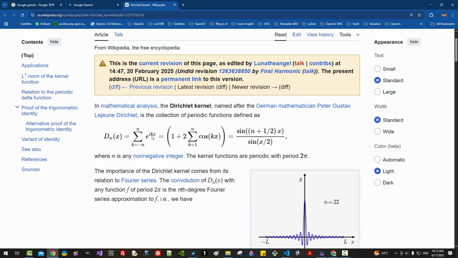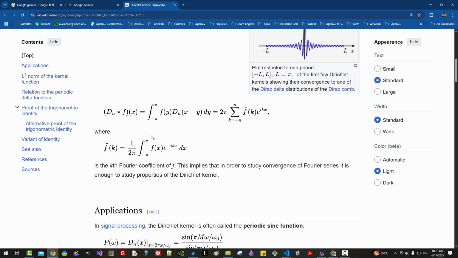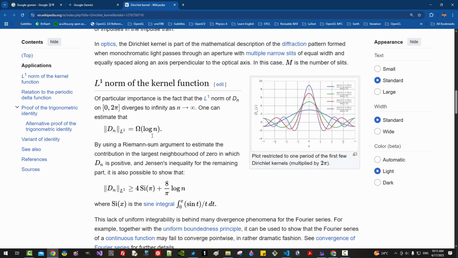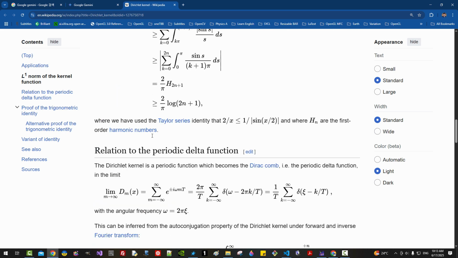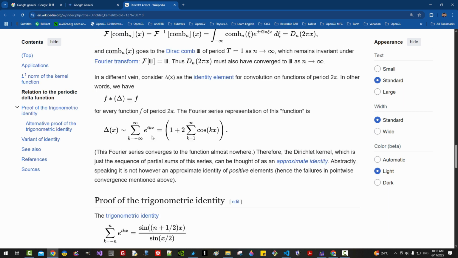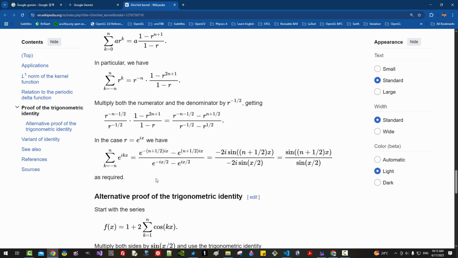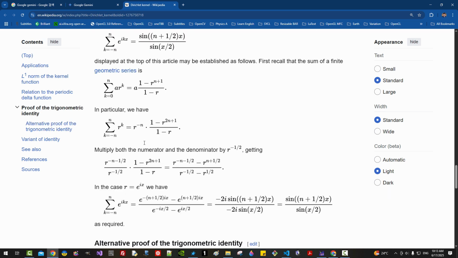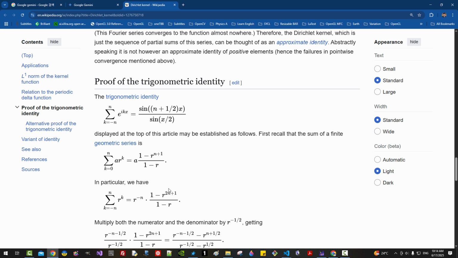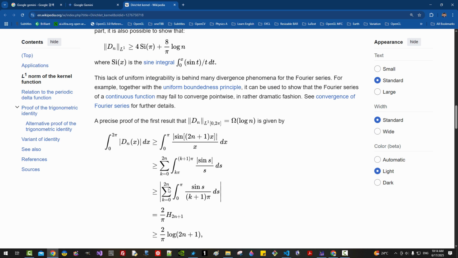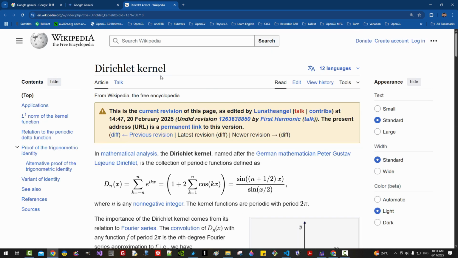This is exactly what I proved with the C++ experiment. This is the power series. This is an independent discovery from the Dirichlet kernel.